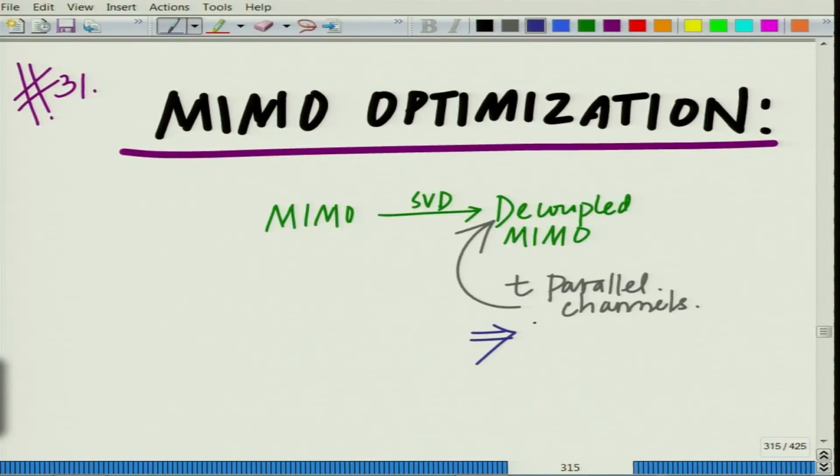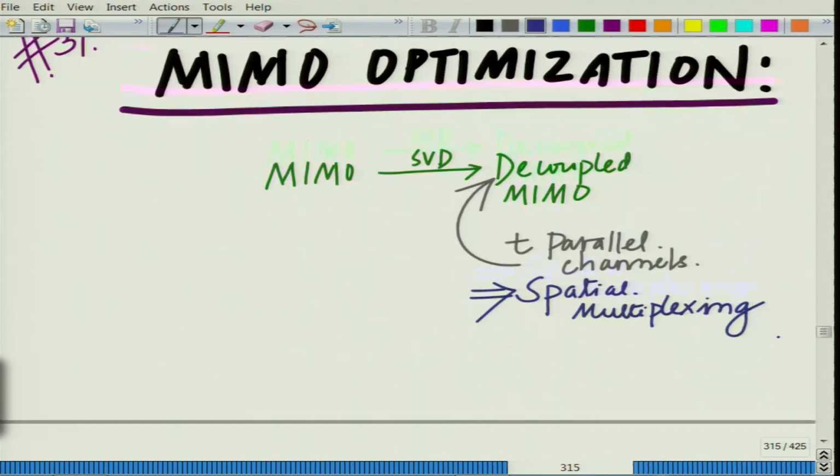Okay. So, you can recall that this is what we had termed as spatial multiplexing, right.